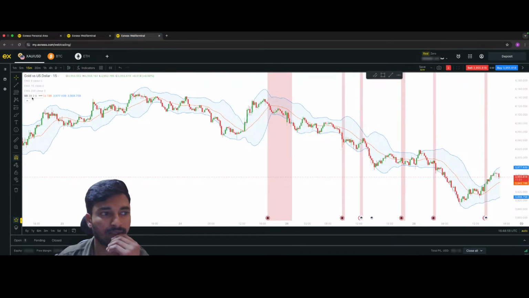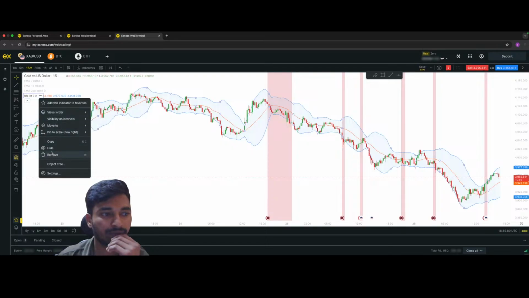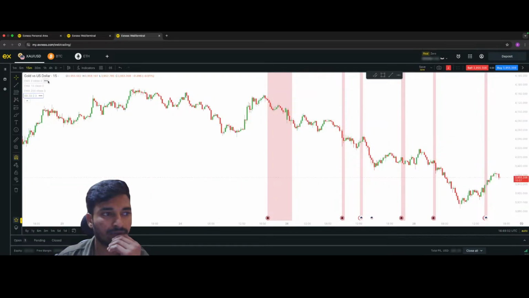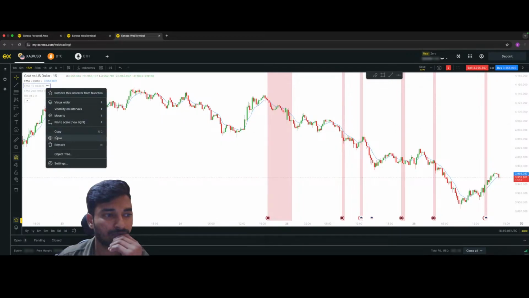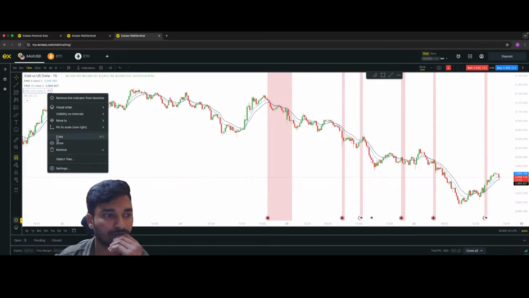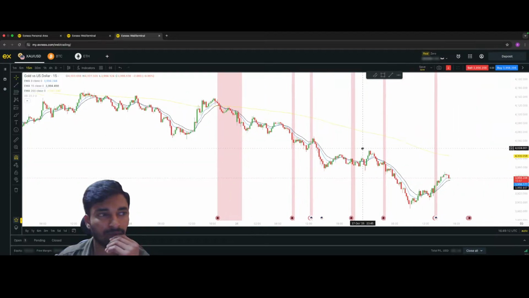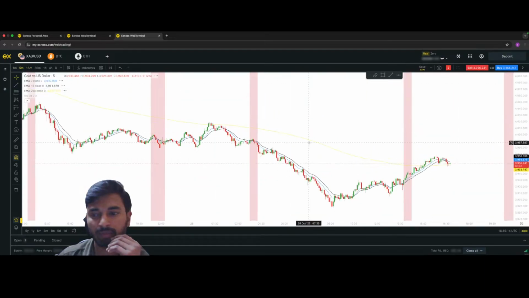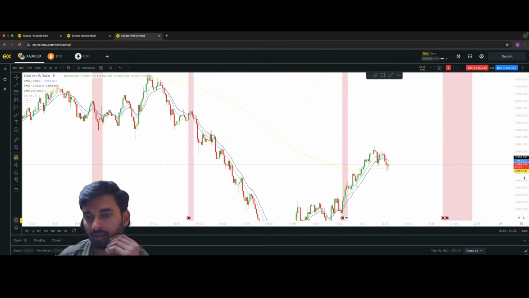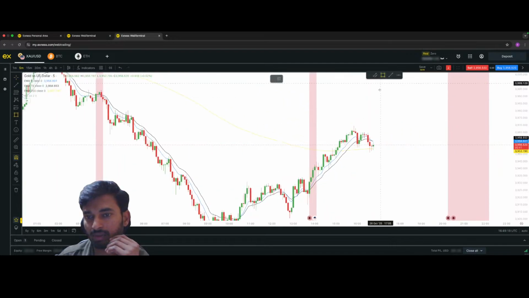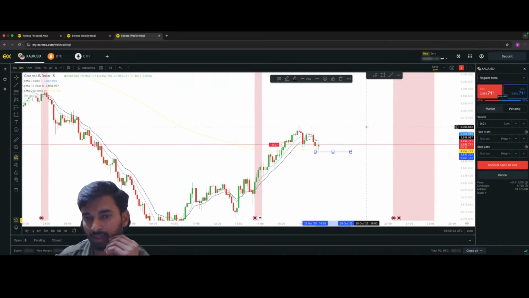So I'll turn this off. We'll shift to 5 minutes. If this closes below this, then we'll take an entry in gold, short entry.